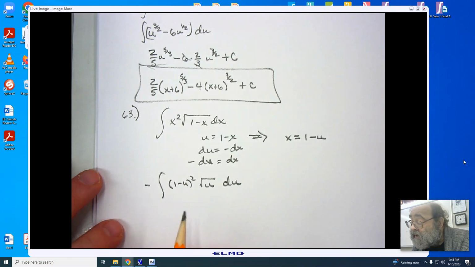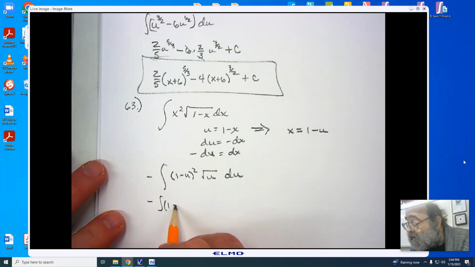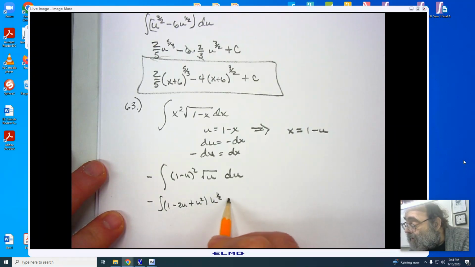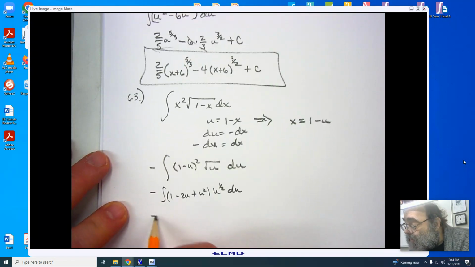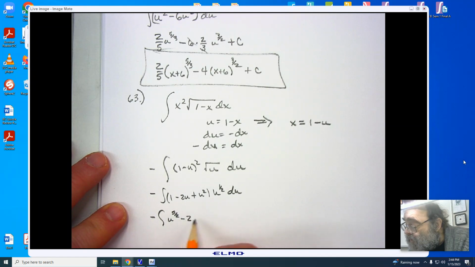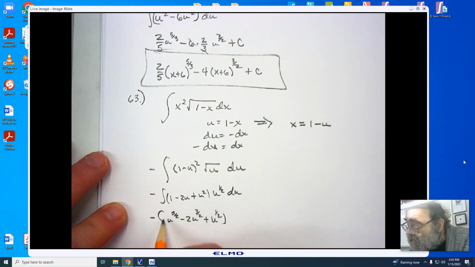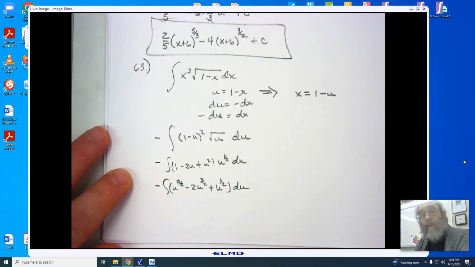Now, in order for us to continue with this, we have to FOIL it out. We sometimes just have to put up with having to do things that we just don't enjoy too much. But it's just busy work, so we're just going to keep going. This is really u to the 5/2 minus 2u to the 3/2 plus 1u to the 1/2, du.